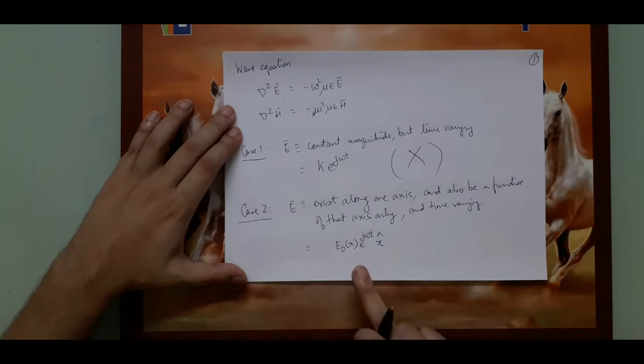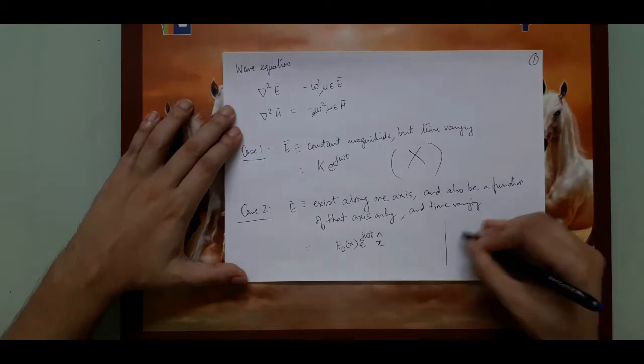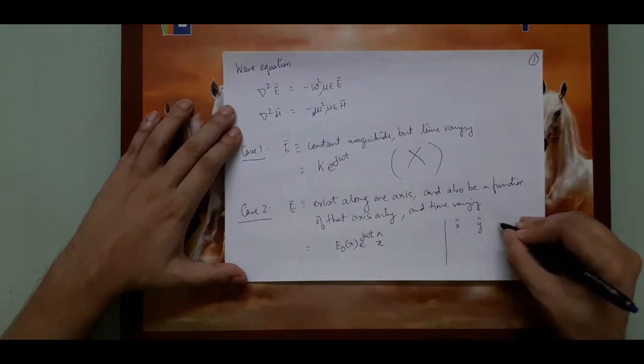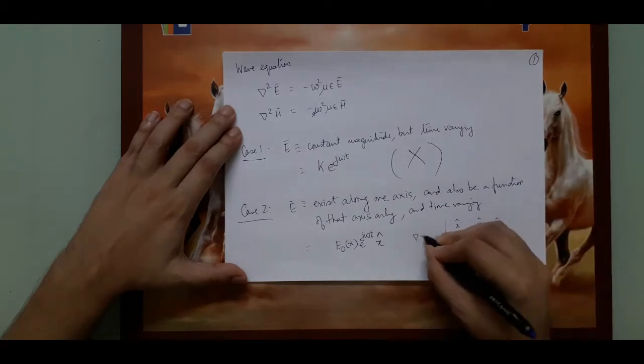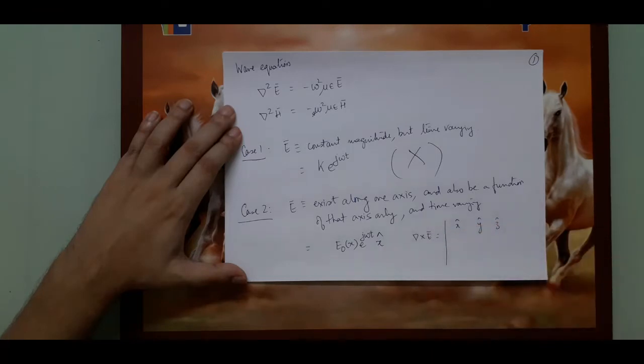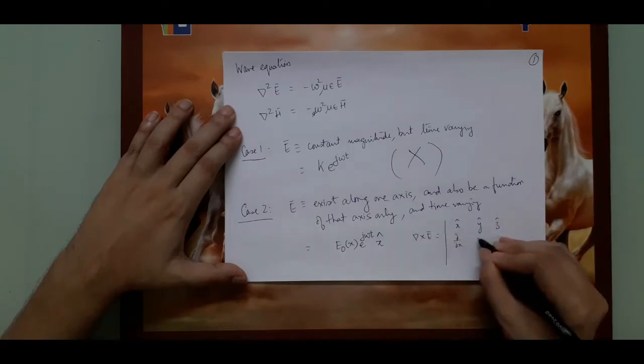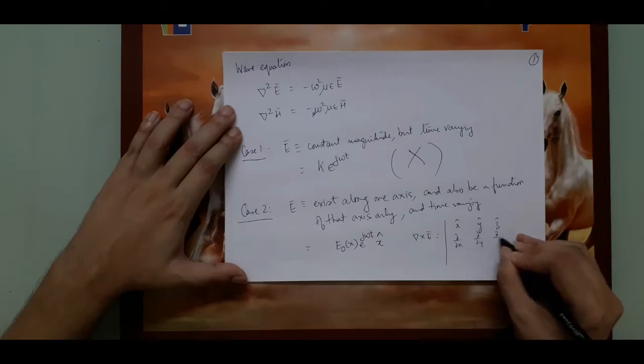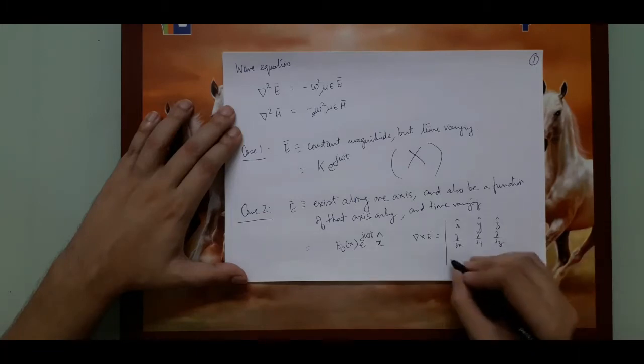Because if I try to apply Faraday's law and take the curl of this vector, you will immediately see that the curl is 0. Let's see how it is. So I can say curl of E, where I have the x derivative, y derivative and z derivative.